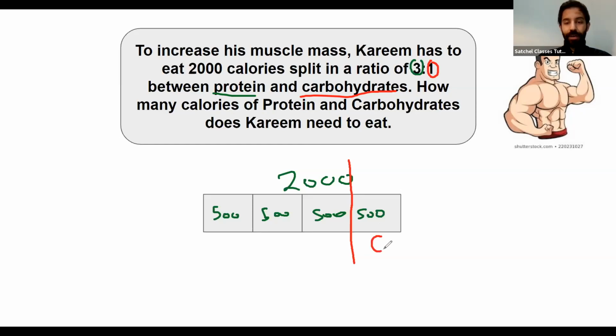So 1,500 for proteins and 500 for carbohydrates he needs to eat. Okay, moving on to another example.